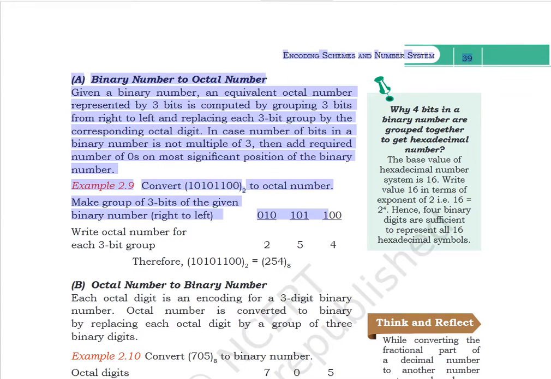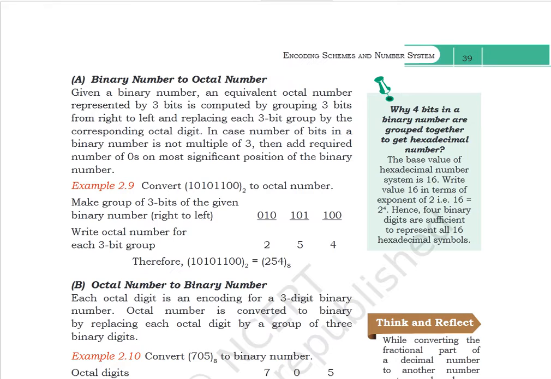After the grouping is completed, we will write down the respective octal number. We go through that particular chart where the octal numbers of the respective values are given, and we write down like this.